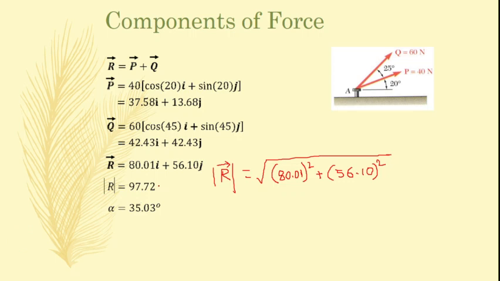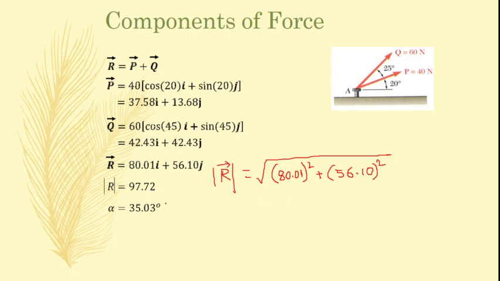And how we can get this alpha? Alpha is the angle made by the resultant vector with the horizontal direction.